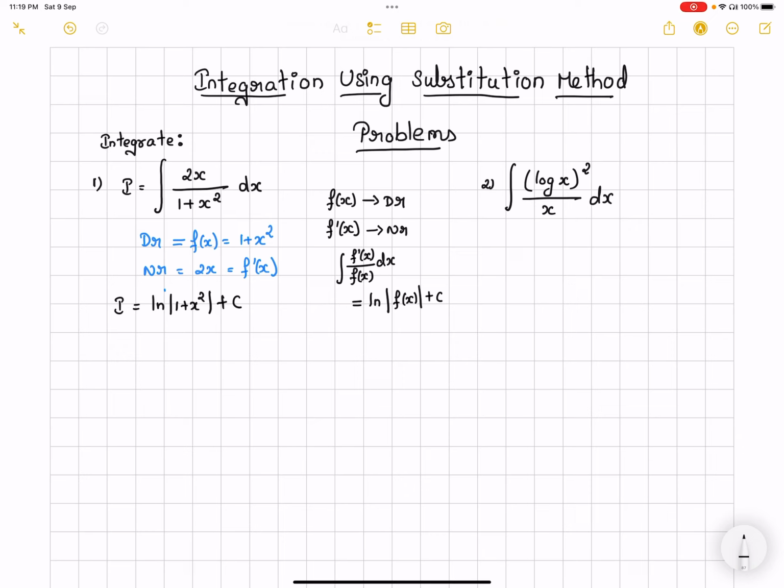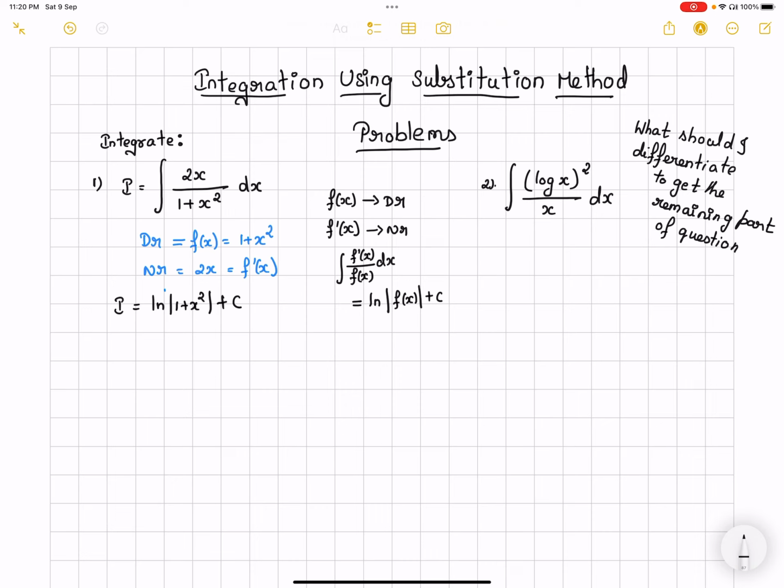So what you would be looking at is, what should I differentiate to get the remaining part of my question? This is how we look into a substitution problem.